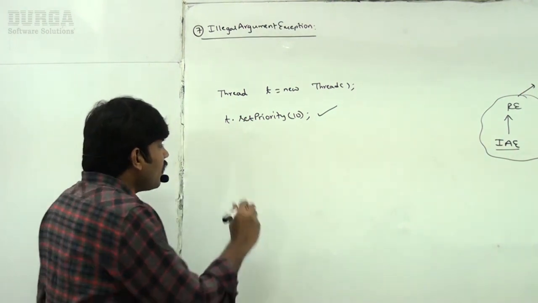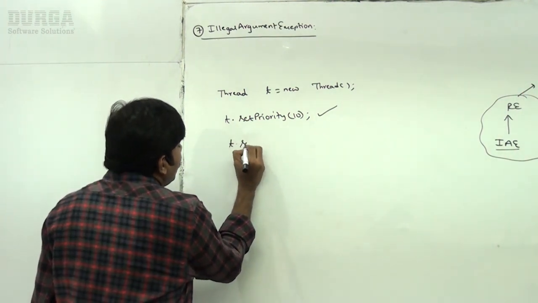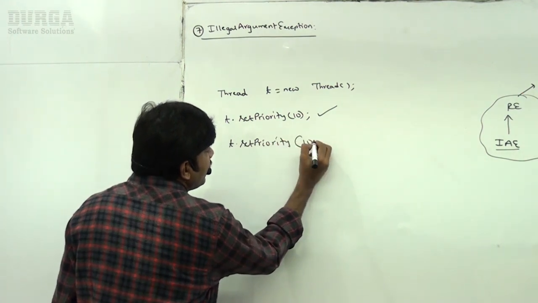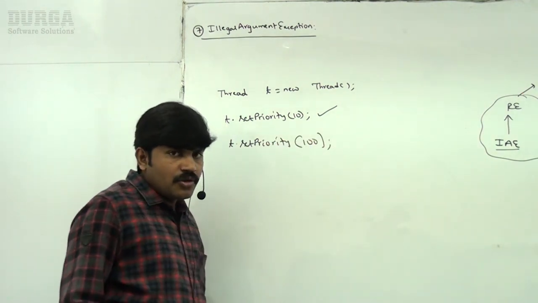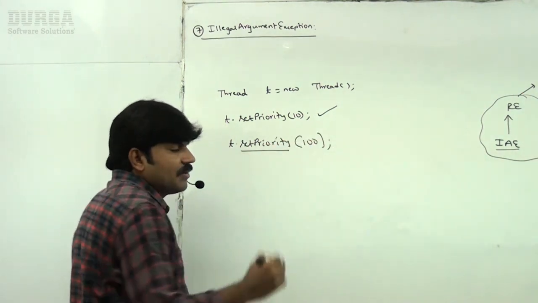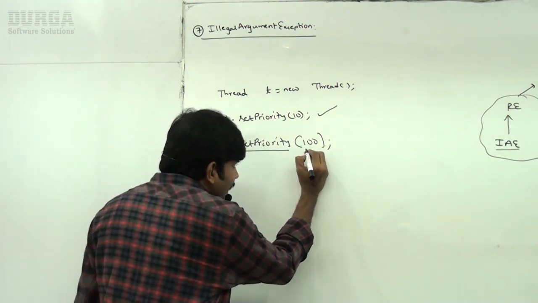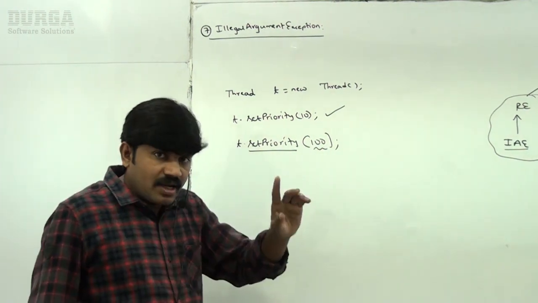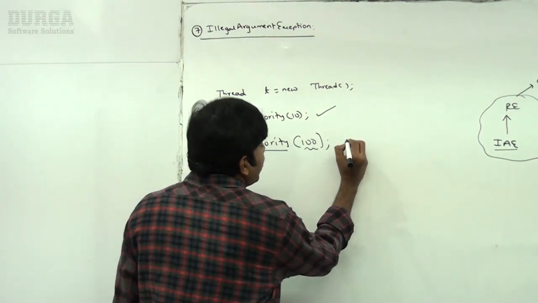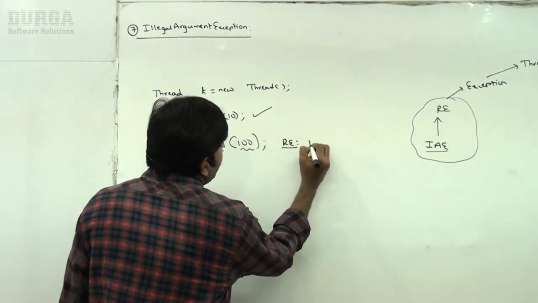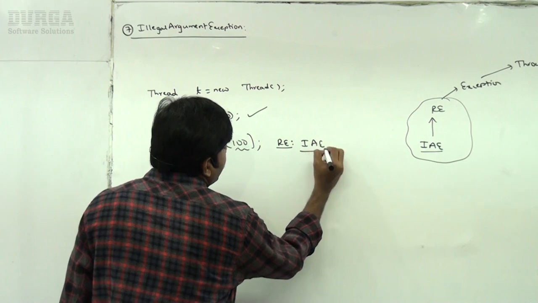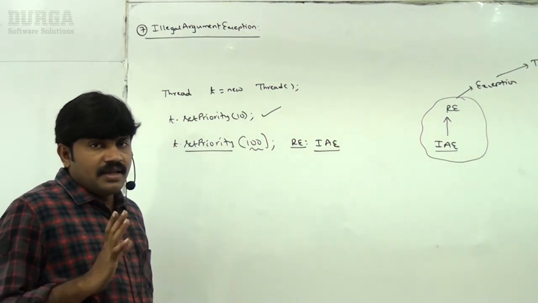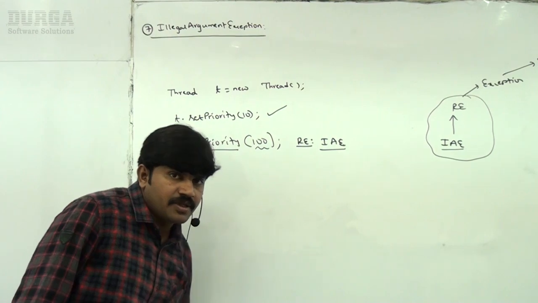Now t.setPriority of 100. So we are calling the setPriority method with an illegal argument. Then immediately we are going to get illegal argument exception.